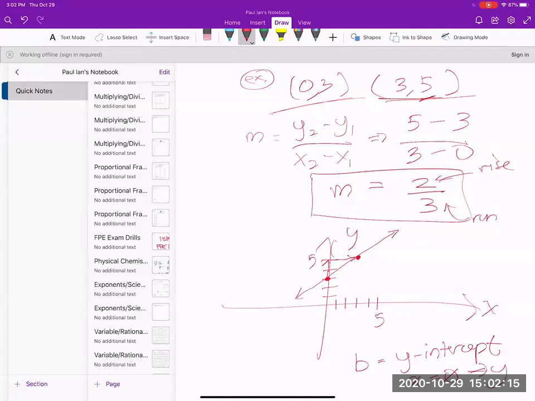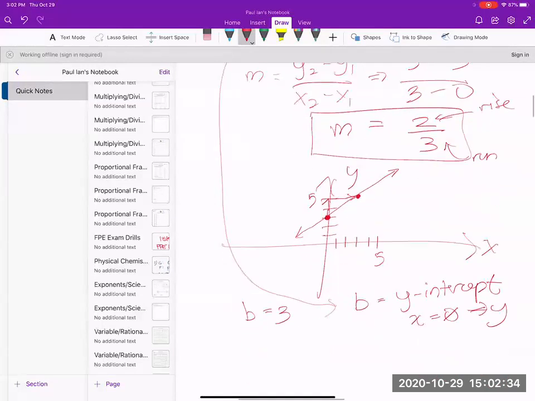Yeah. But what is this guy? I already gave it to you, really. You have 0 as your x, and it crosses the y-axis, which is this guy. So this is your B. Your B equals 3. Does that make sense? Yeah. Okay. We didn't have to go through all that math because I gave it to you already.